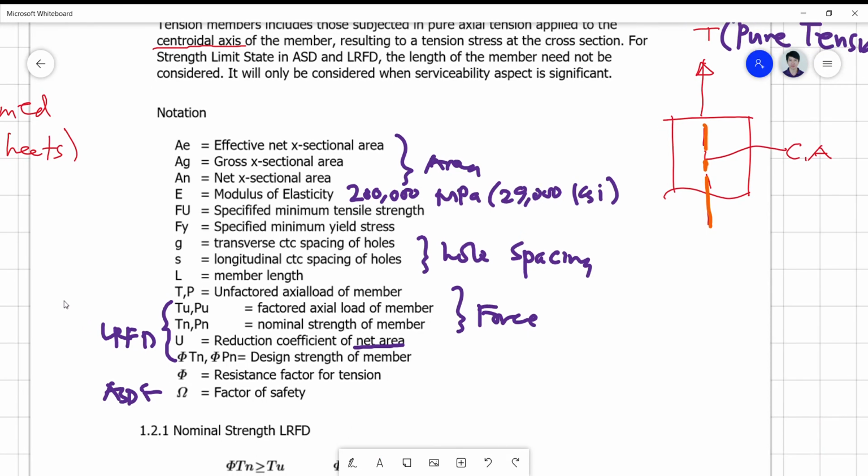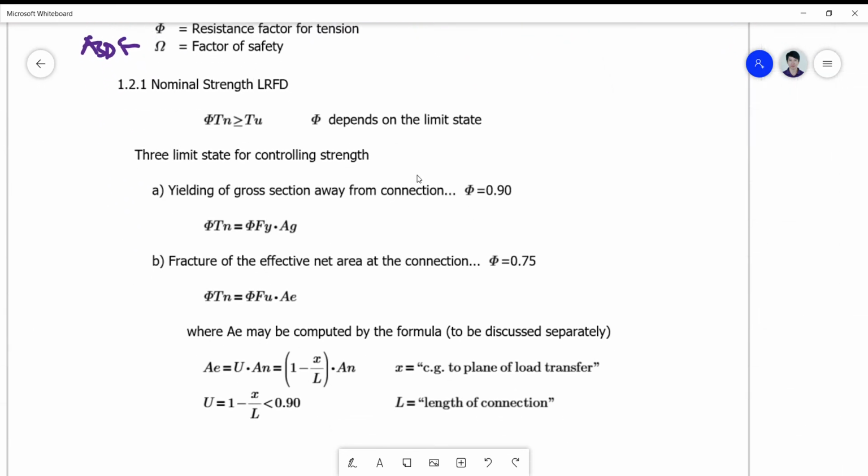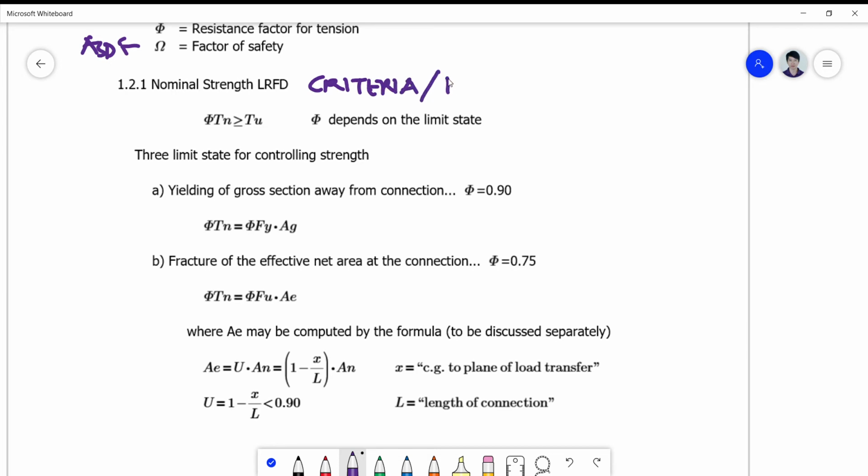Okay, for the nominal strength requirement, when I ask you what is the criteria or requirement for LRFD, always the formula is R greater than or equal to Q. Your resistance R is simply your design strength, your tensile strength, while your Q is the required strength given by the factored load combinations.